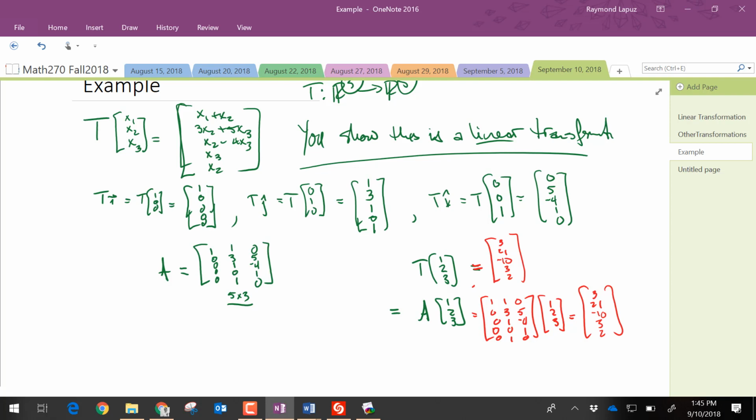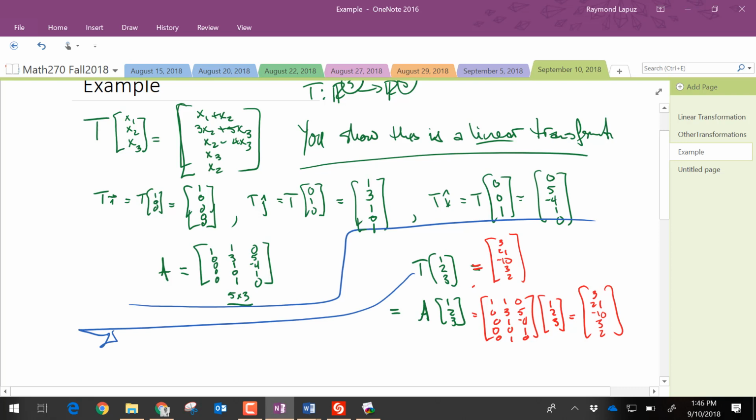Right? And because it's a linear transformation, we should have known, and this is sort of a justification for the theorem, that T of 1, 2, 3 is essentially T of 1, 0, 0 plus 2 times T of 0, 1, 0 plus 3 times T of 0, 0, 1.